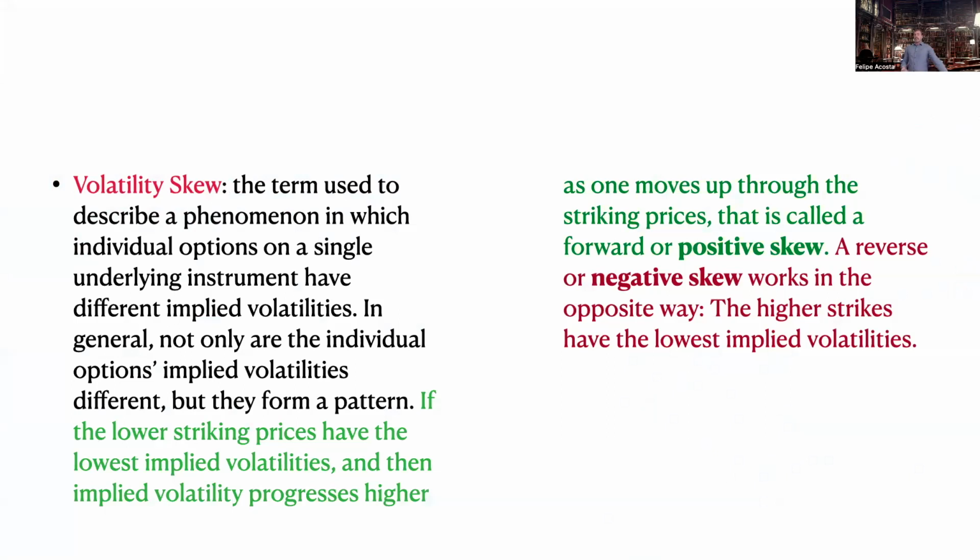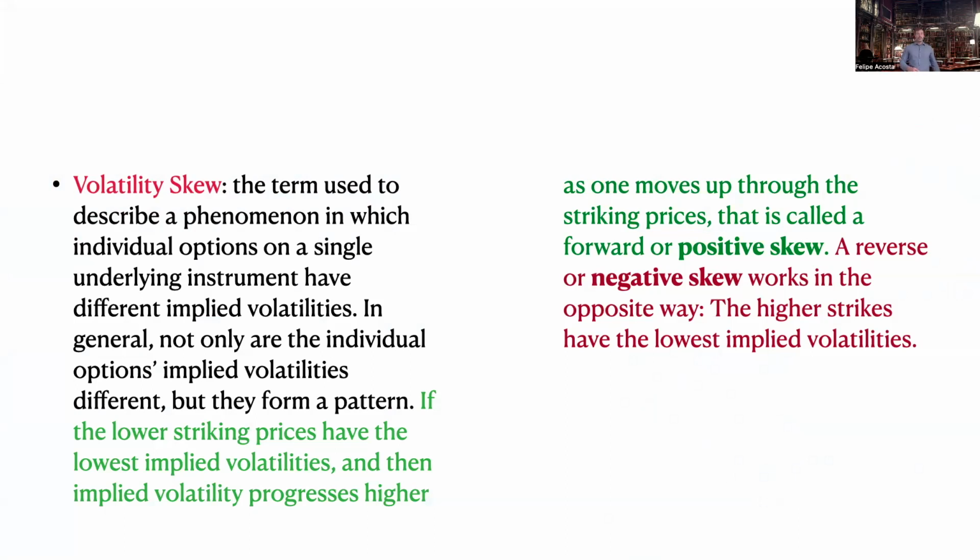So we're going to be talking about volatility. These are some terms to be familiar with that are good to know. Volatility skew is basically the term used to describe a phenomenon in which individual options on a single underlying instrument have different implied volatilities. In general, not only are the individual options' implied volatilities different, but they form a pattern.